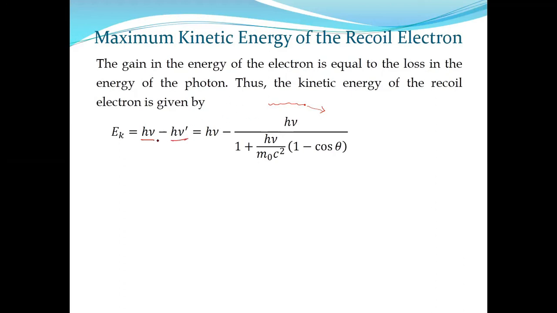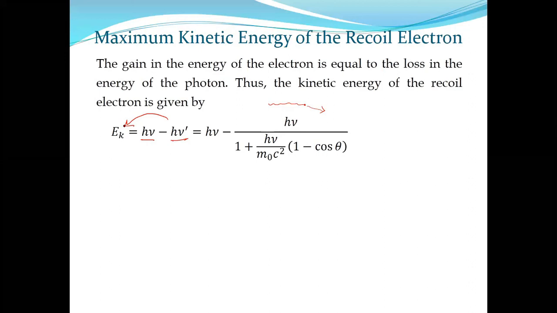So that change in energy of the photon gives rise to the energy of the electron. Whenever a photon interacts with the electron or the atom, the photon loses some of its energy, and the electron or the atom gets that energy, which becomes its kinetic energy.